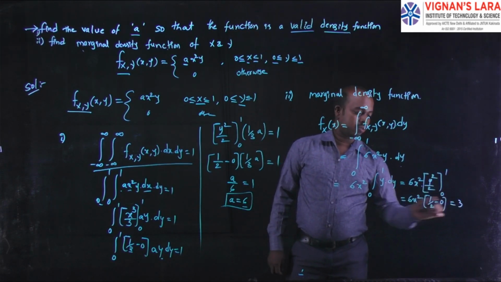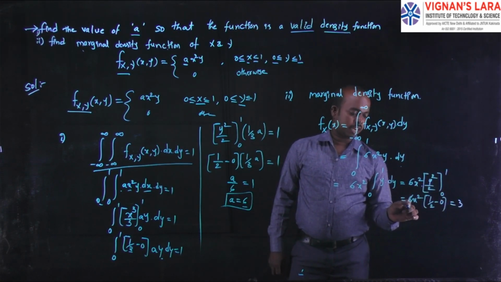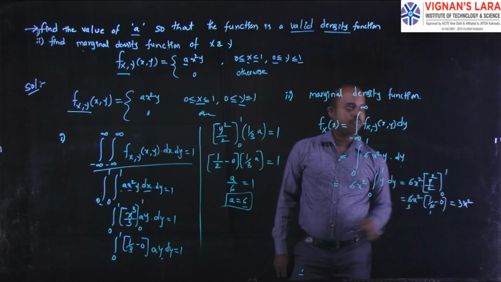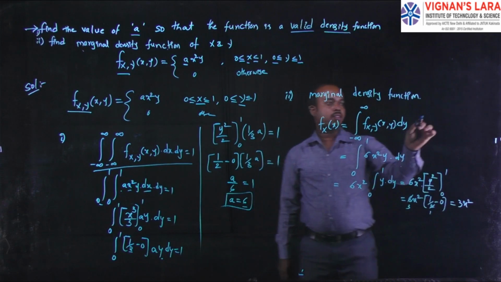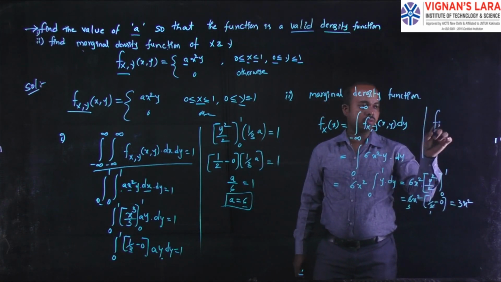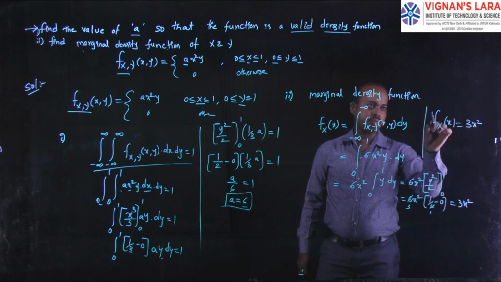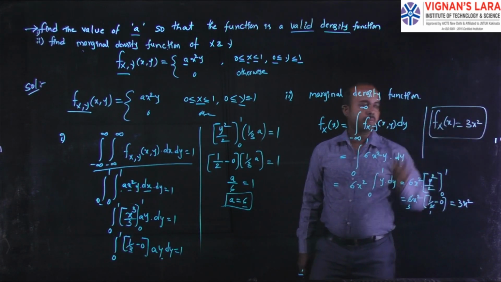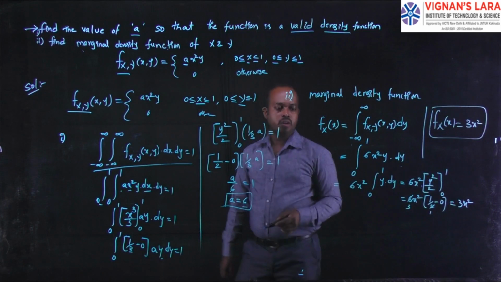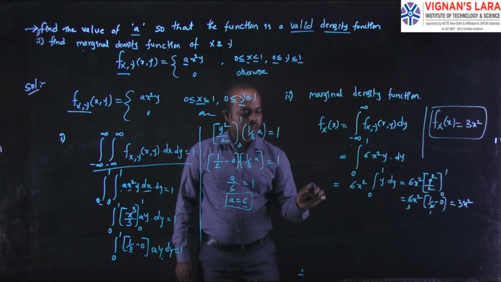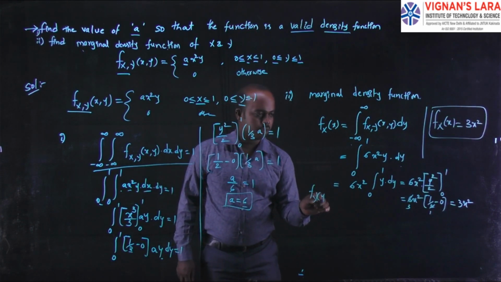The value is 6 divided by 2 is 3, so 3x square. This is the marginal density function of x. Fx of x is equal to 3x square.